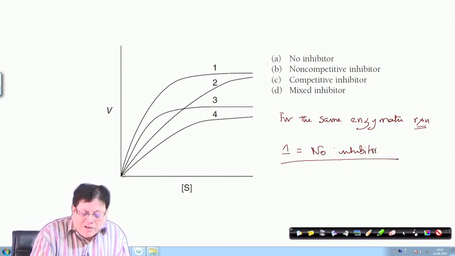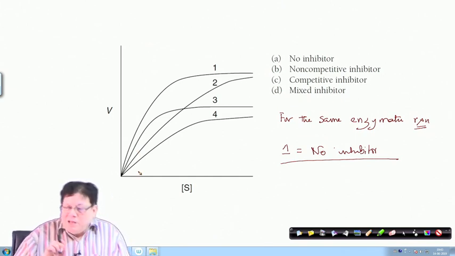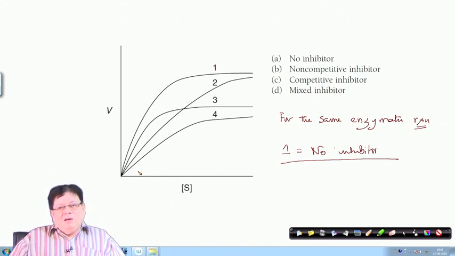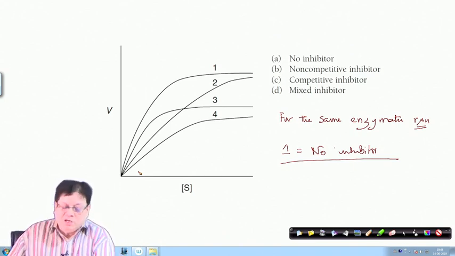Just from the gradient I can decide, because this has the highest value of velocity, followed by this one, followed by this one, and this is the fourth one. So, the value is slowly decreasing. That means these are definitely the curves in the presence of an inhibitor. Now, we have to find out which type of inhibitor gives which curve.